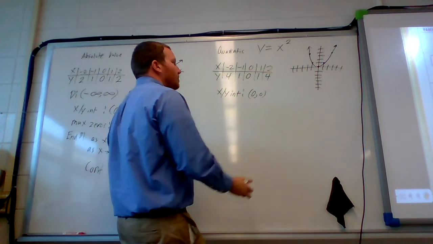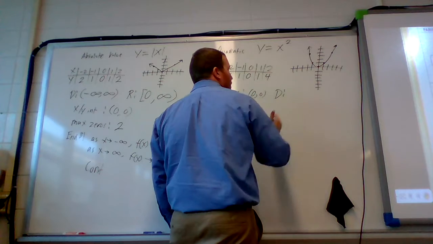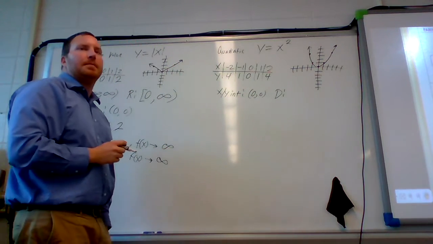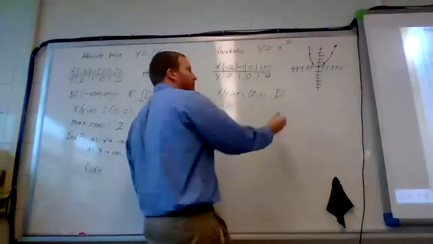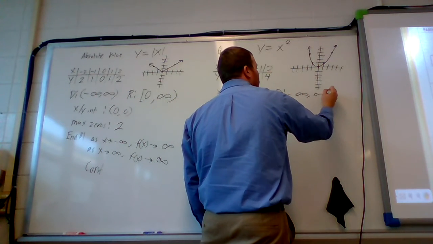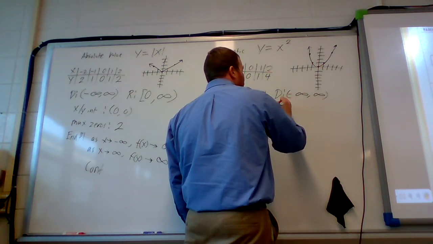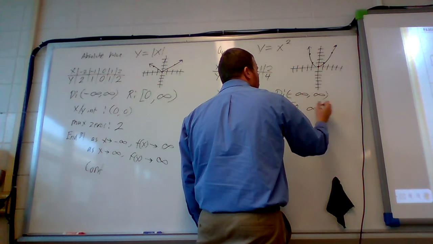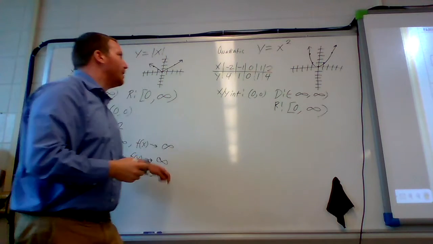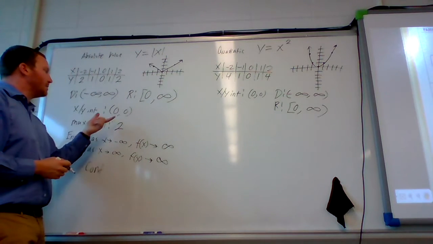I forgot to do, our domain is going to be what? Negative infinity to positive infinity. What is our range going to be? 0 to infinity. So that is just like our absolute value for our domain, range, and for x, y intercept.